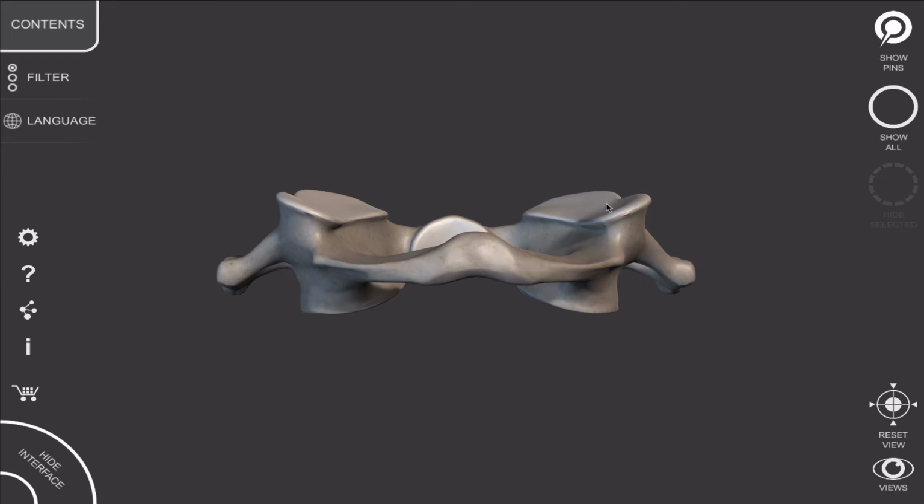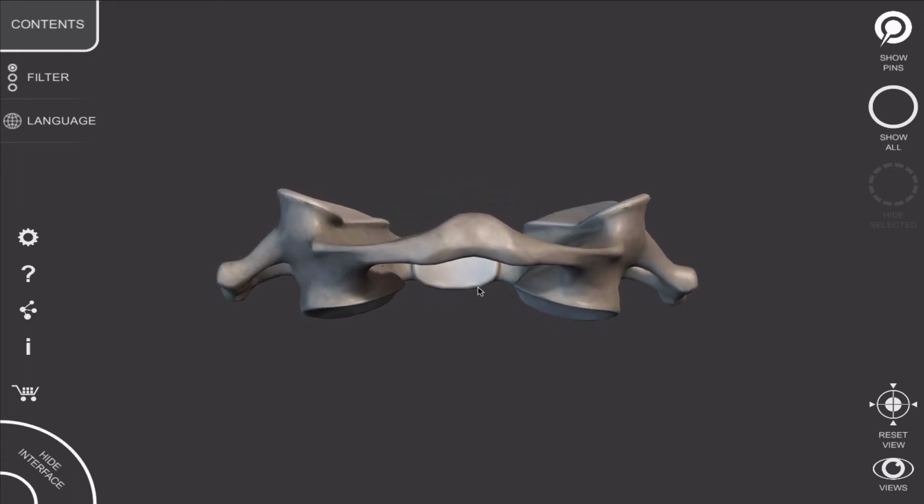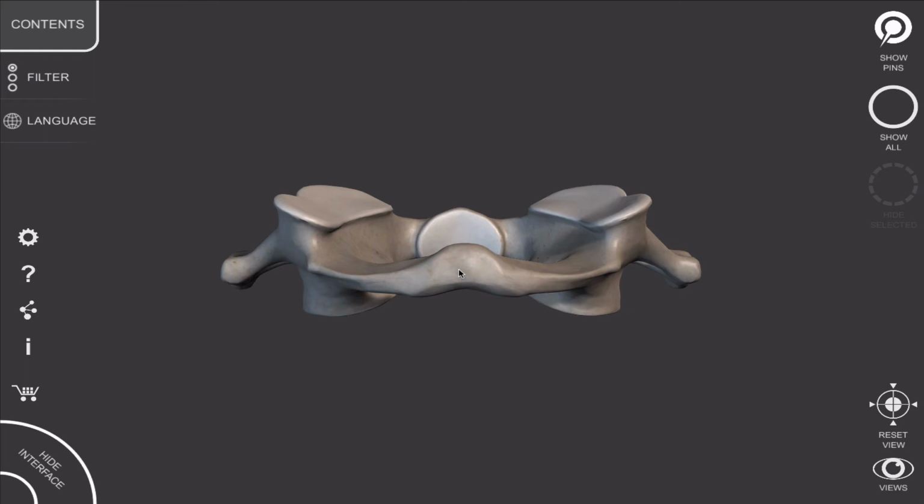And those occipital condyles will ride right in here, and there'll be a slight amount of movement between the skull and the atlas that is allowed by these joint surfaces. This particular joint surface on the inferior side will articulate with C2, or the axis, as we'll see in a minute, and that will allow for movement to take place between the atlas and the axis, or C1 and C2.